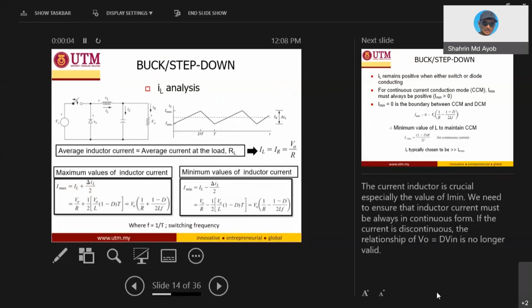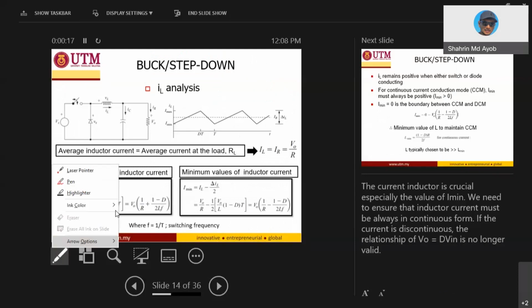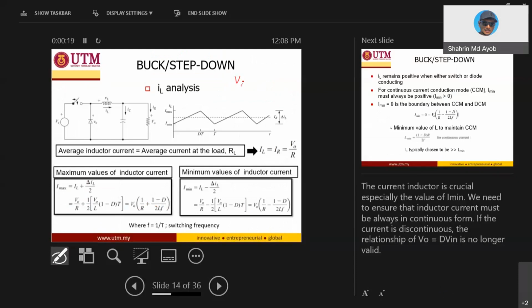Okay, so the IL analysis. Why is it important? Because the relationship that we have already derived, V out is equal to duty cycle multiplied with V input, is derived based on the assumption that the current of the IL is continuous, or in CCM mode, continuous conduction mode, which is like this.